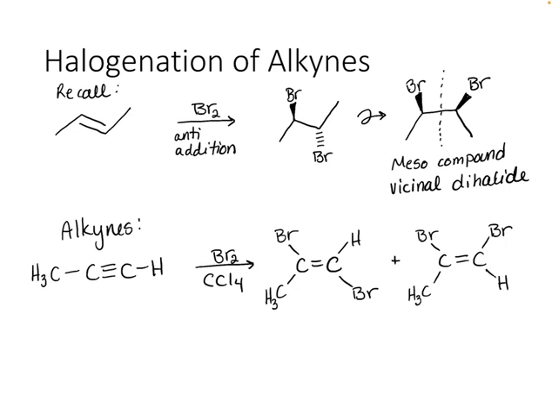Now, the other way that we can refer to these double bonds is with E and Z. So remember, E means opposite, Z means same, because Z stands for zusammen, which has the word same in it. All right, so we have the E alkene on the left and the Z alkene on the right.